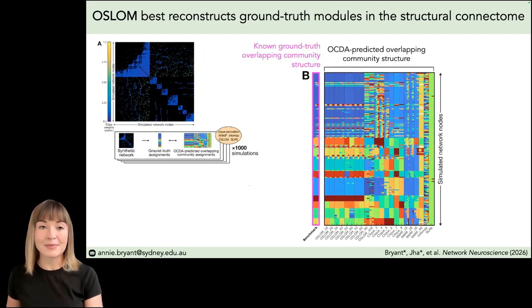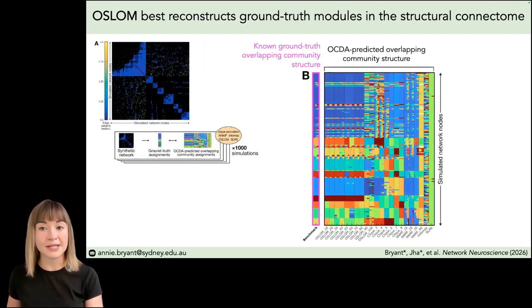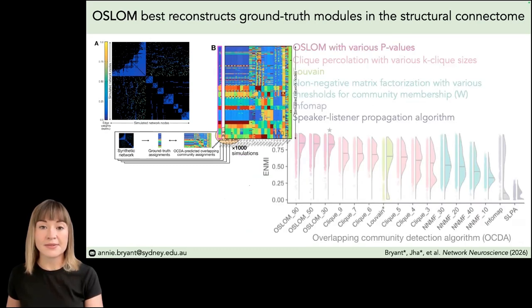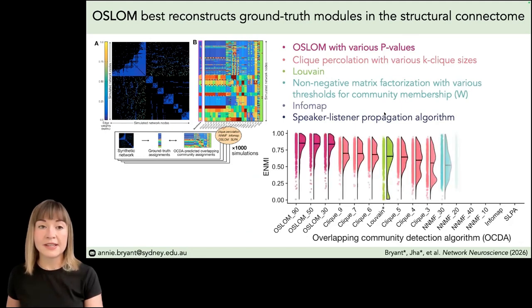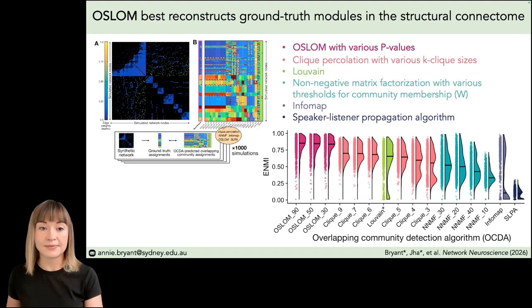And this colorful tapestry reflects the community assignments from the ground truth in pink and from the evaluated OCDAs and their corresponding parameters in black. Across the 1,000 simulated connectome-like networks in our benchmark ensemble, we found that the OSLOM algorithm best recovered the overlapping network architecture.